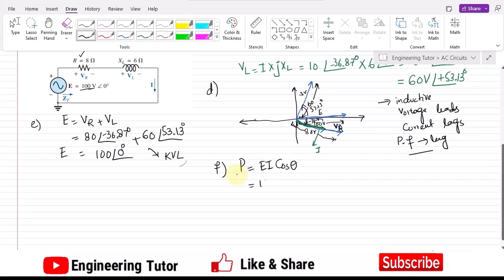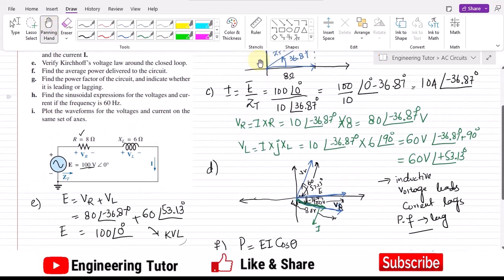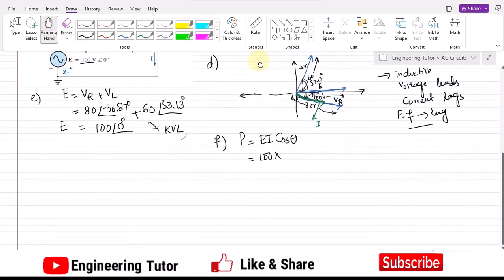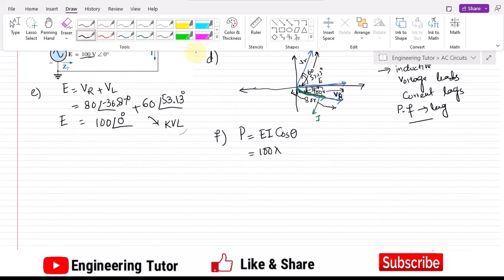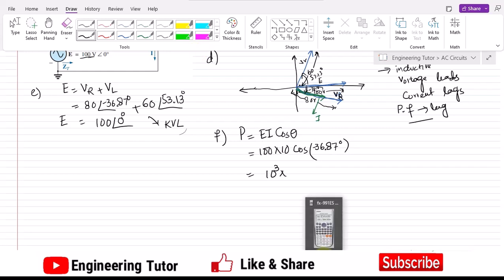Writing their values, the voltage is 100, the current is 10 with the angle of minus 36.87, so 10, and cos of minus 36.87, which is the same as that of the positive one. So writing it here, I will get 1000 multiplied by the cos of 36.87.